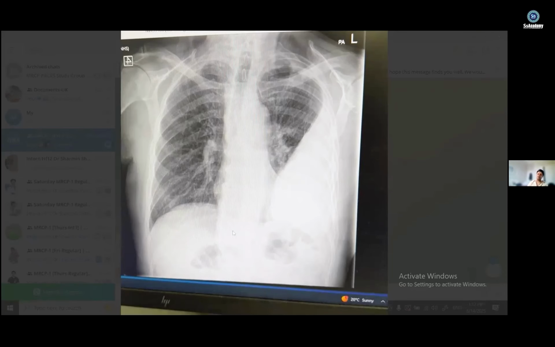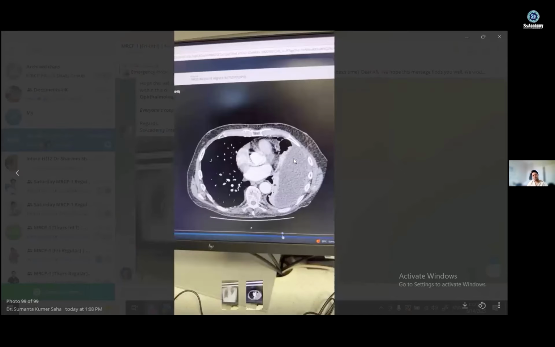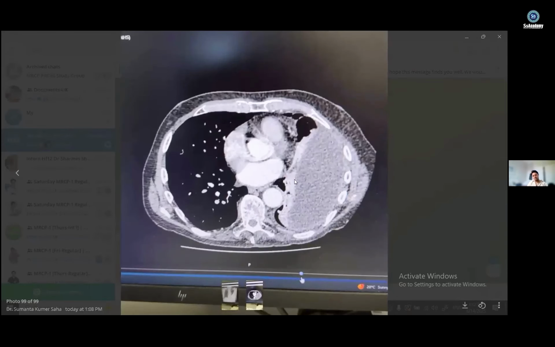And other than collapse, the fluid is the light thing, and maybe some encysted, some cystic fluid, right? Already they made some cystic. So we did the CT immediately after that. You see? So this is the pyothorax, basically. All right.